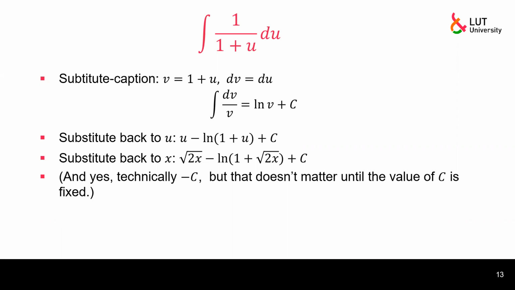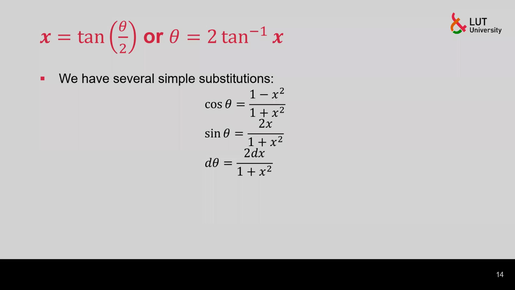For example, here it should be minus c if we had ln v plus c and then minus ln v minus c, but it doesn't matter here because we don't have a fixed value for that constant. It just calls for some constant to be inserted at some point.